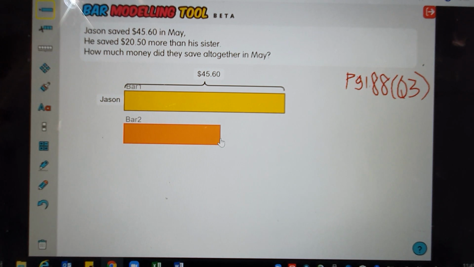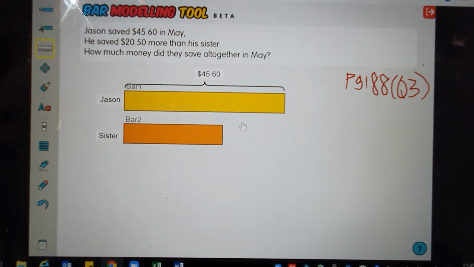So it might be something like this. And remember, when you draw your comparison model, some of you still forget to label your model, so please label your model. If Jason is the longer bar, where do you think I should put $20.50? What do you think it represents? You should be able to tell me that it represents the difference.